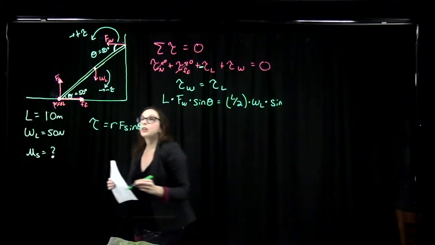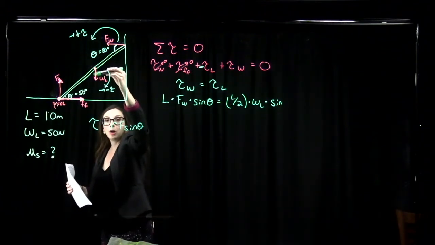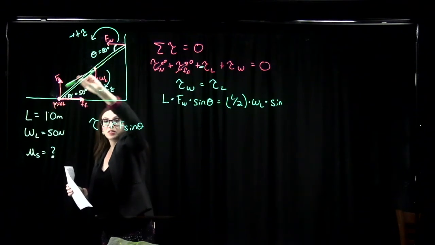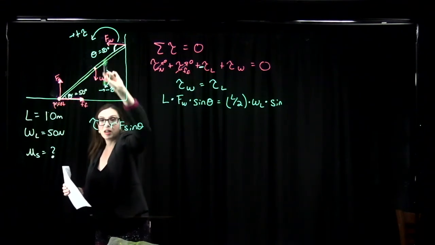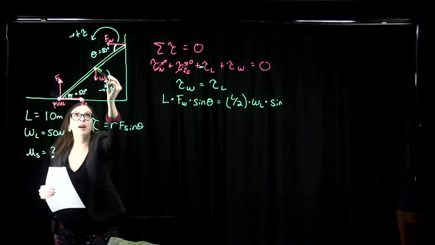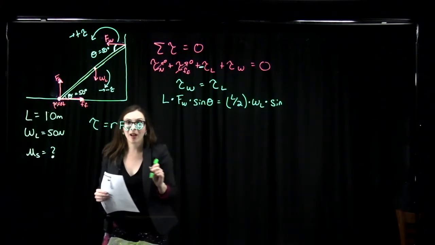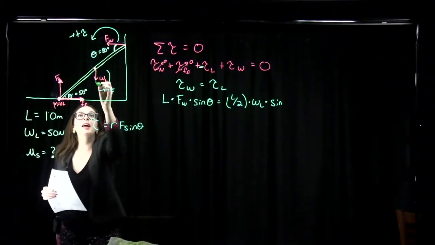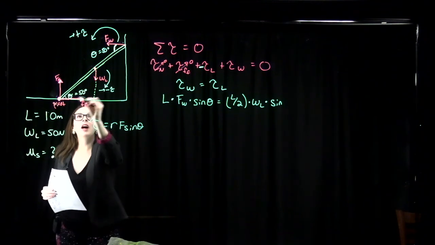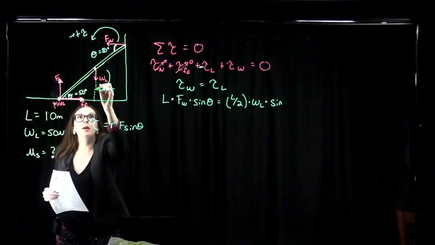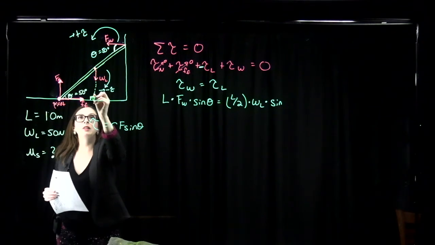And that angle is going to be the angle between our applied force and this radial distance here that I can draw from the pivot to where the weight, the center of gravity of the ladder, is applied. Okay, so what is that angle? If I come over here, I've got a little right triangle here. If I draw my weight straight down, we've got a perpendicular 90 degrees here.